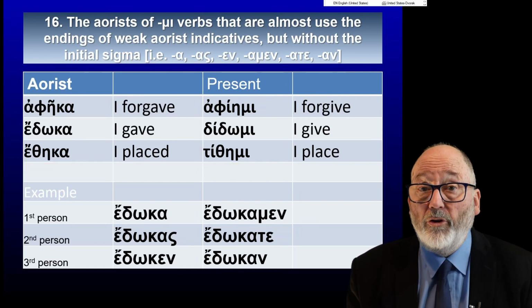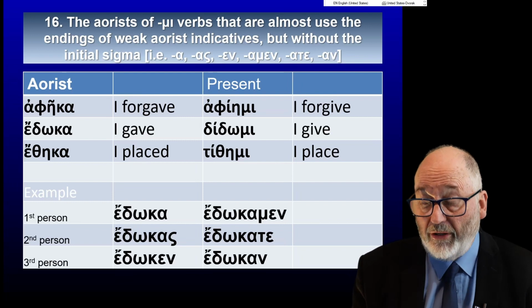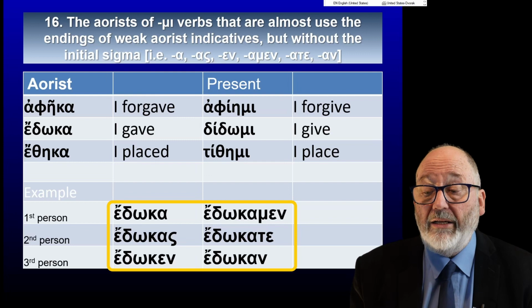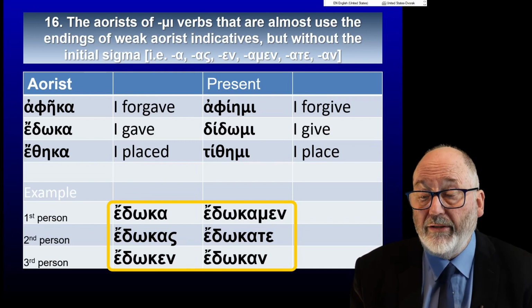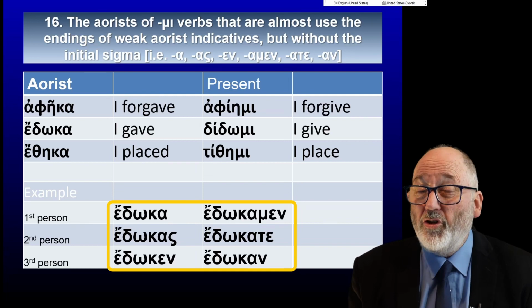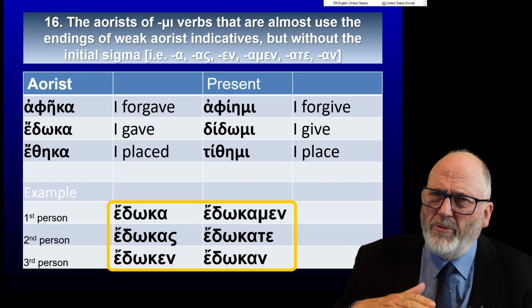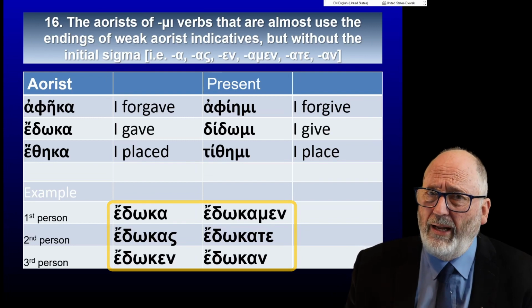Now, how do they form their aorist tense? Well, I've shown you the example of edōka. It goes edōka, edōkas, edōken, edōkamen, edōkate, edōkan. So once you know edōka, you can work out how the rest of the verb will turn out.